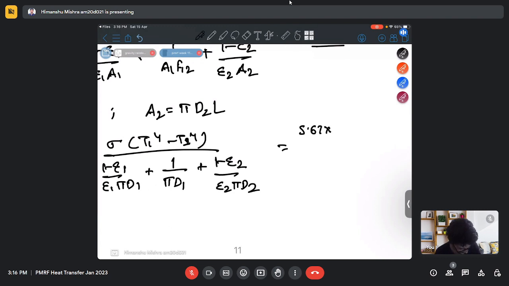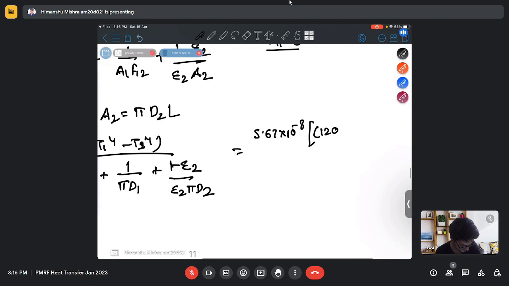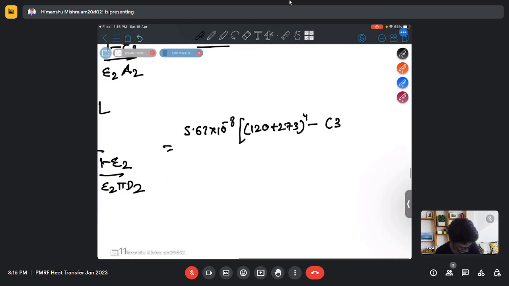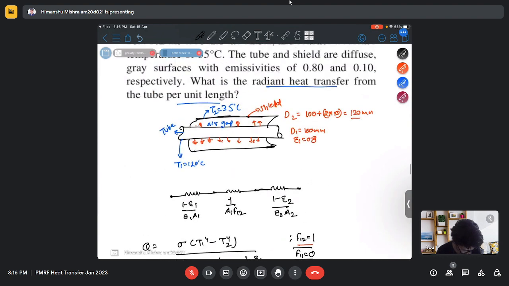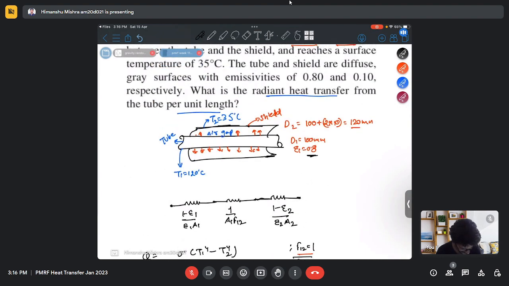So this is my T1, Boltzmann constant. My temperature is given as 120 degrees Celsius, so I am converting into Kelvin. My emissivity of the tube is 0.8 and emissivity of the shield is 0.1.